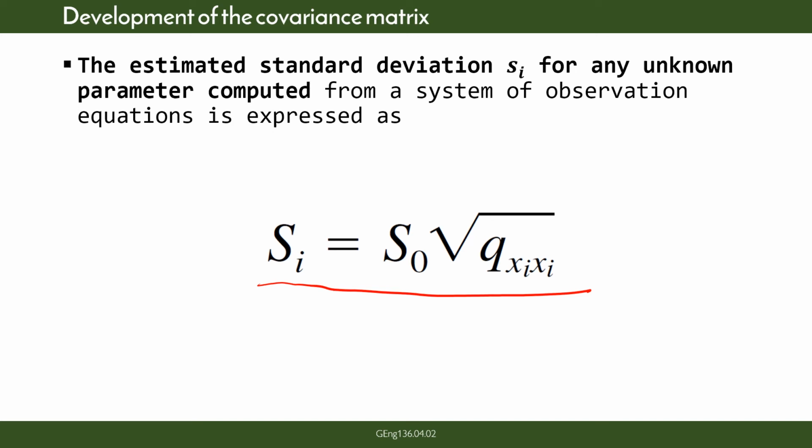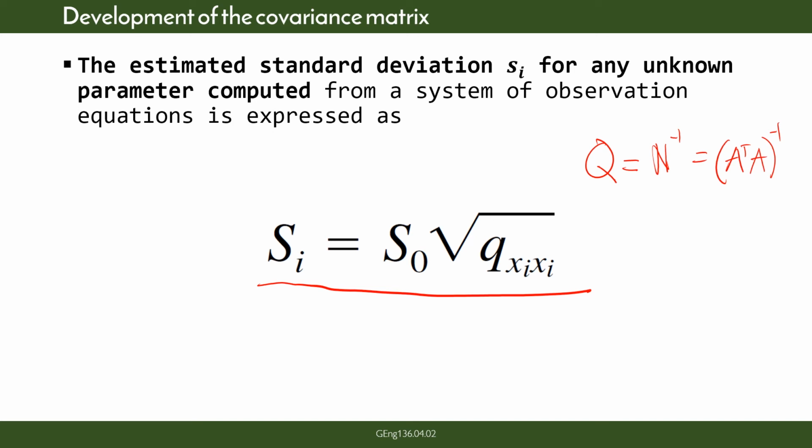So where do we get Q? If you can remember, Q is N, or ATA inverse. So the diagonal elements are from the ith row and the ith column.